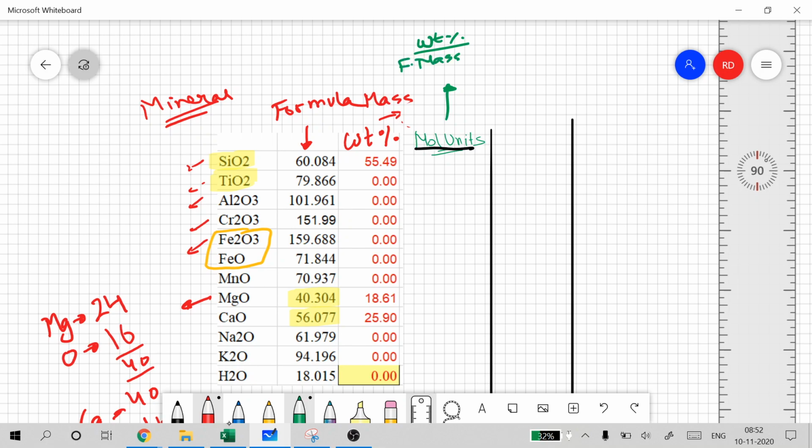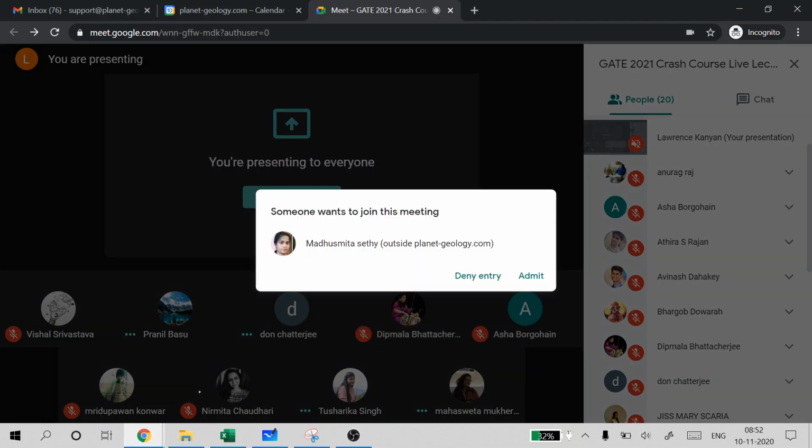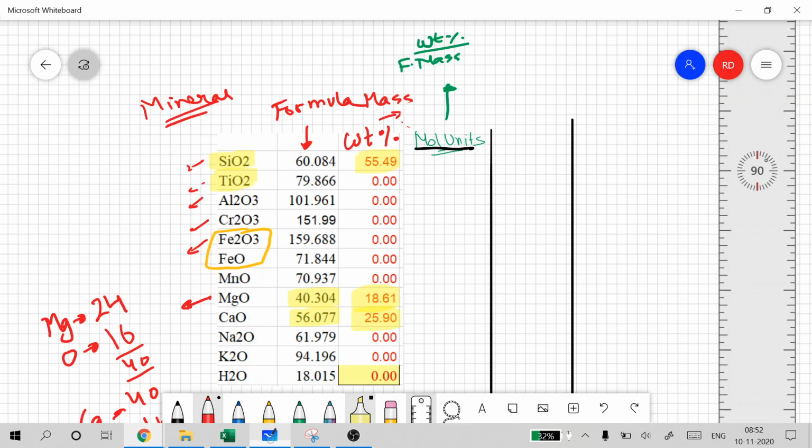Now, to keep our analysis simple, you have only three oxides: SiO2, MgO and CaO. Just keep your calculators ready and we'll do this analysis together. Tell me what will be the value of this part: how many mole units of SiO2?